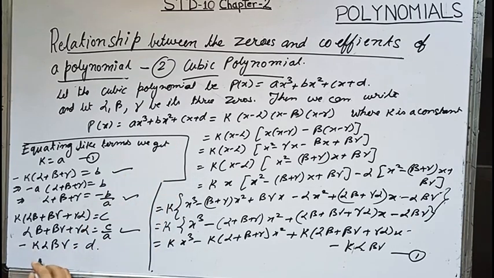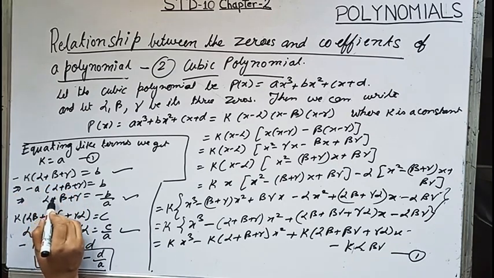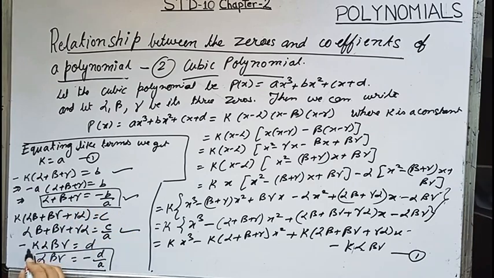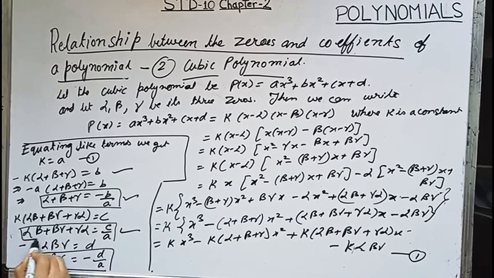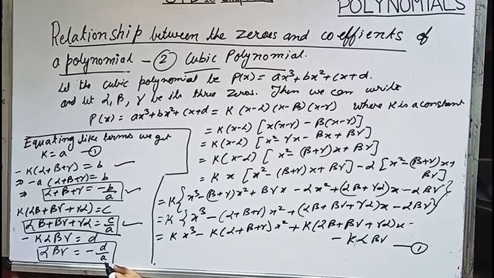So the value of k is a, so we can write alpha beta gamma = minus d by a. Now let us express this in terms of the coefficients of the given polynomial. Now remember, the sum of the zeros is minus b by a. The sum of the product of the zeros taken 2 at a time is c by a, and the product of the zeros is minus d by a.